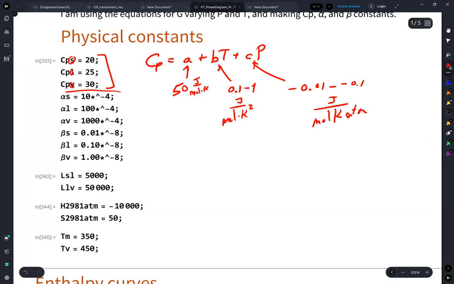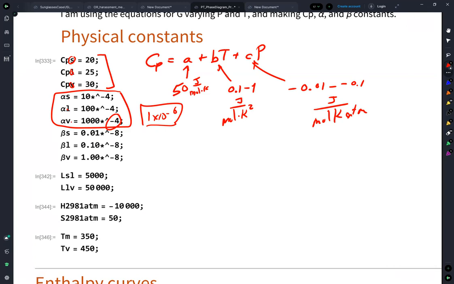You find that the thermal coefficient of expansion, typically going from a solid to a liquid to a vapor, has about 1 order of magnitude difference. So I just put in 10, 100, and 1,000. I made that a little bit on the large side. This is typically around 1 times 10 to the minus 6. I needed to put that in to have a little more of a shift, and you'll see later.